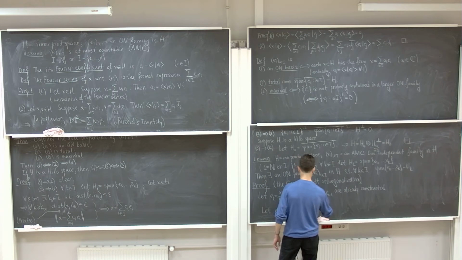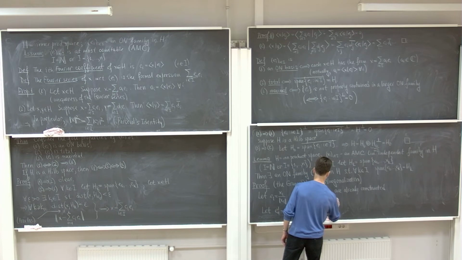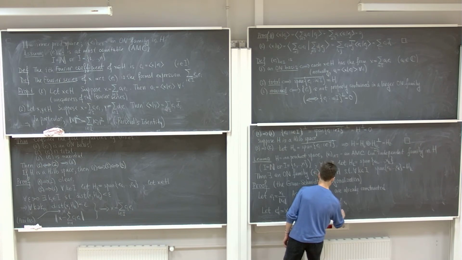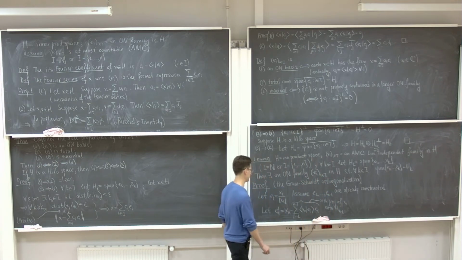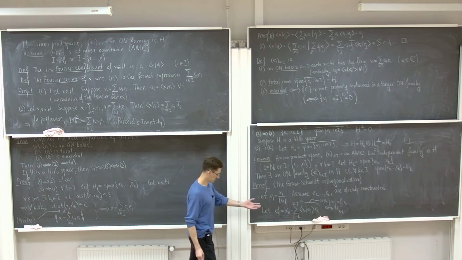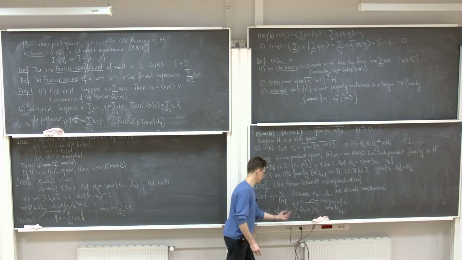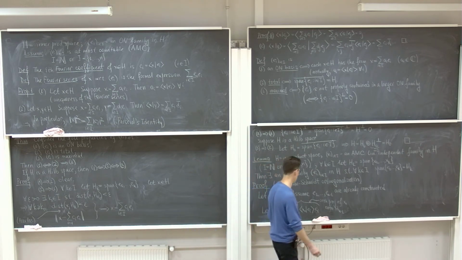This is the orthogonal projection of xn onto Hn minus 1. And by the definition of the orthogonal projection, this difference is orthogonal to Hn minus 1.